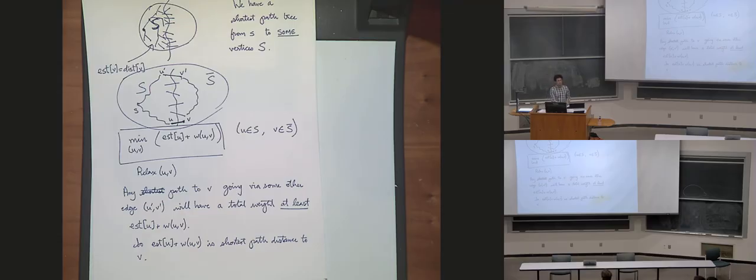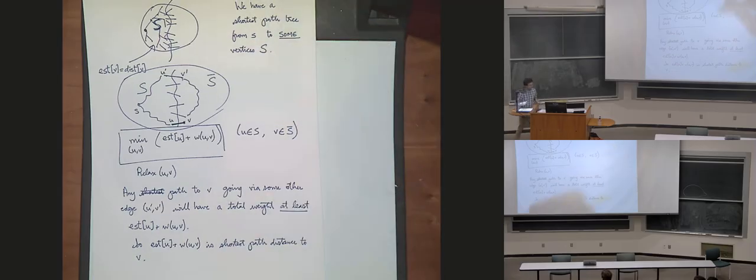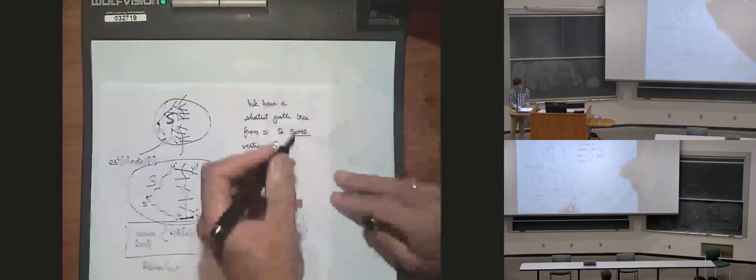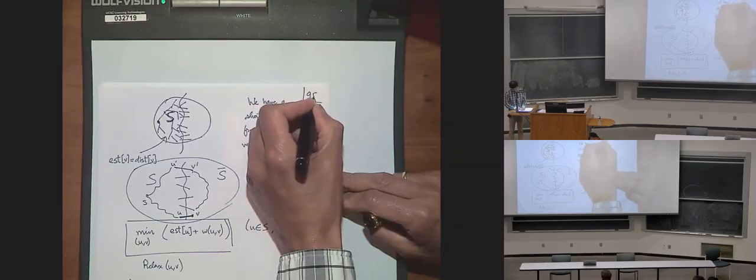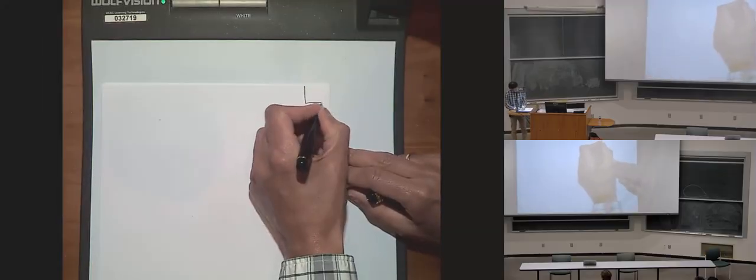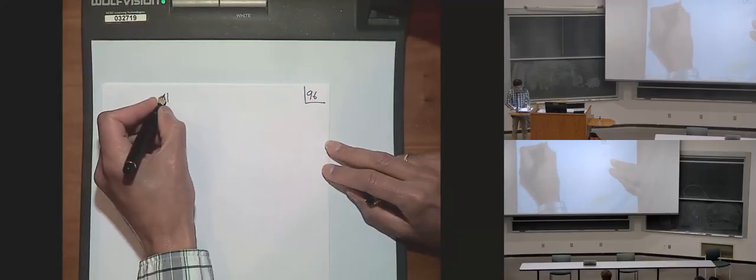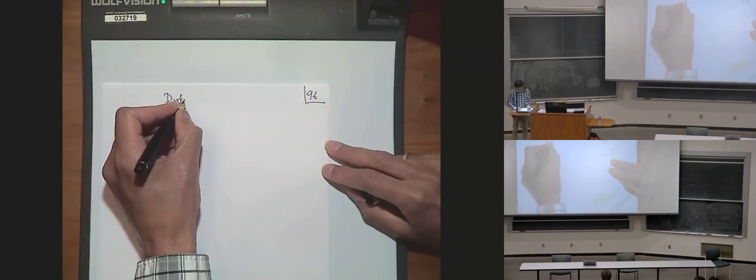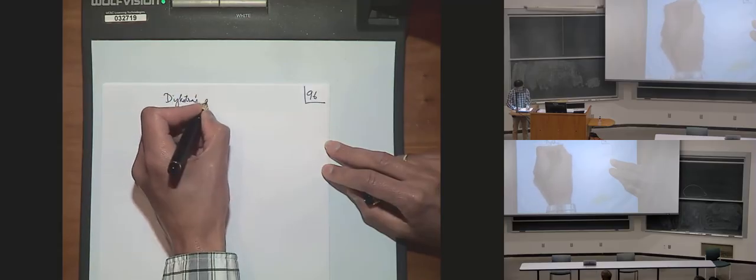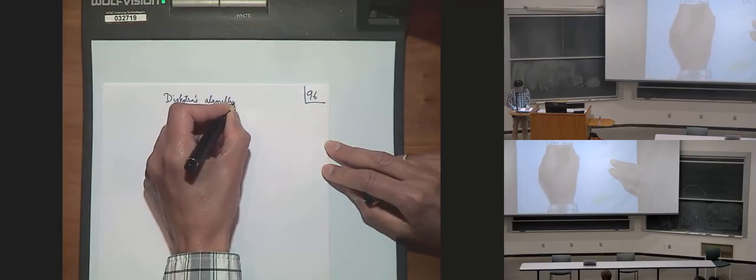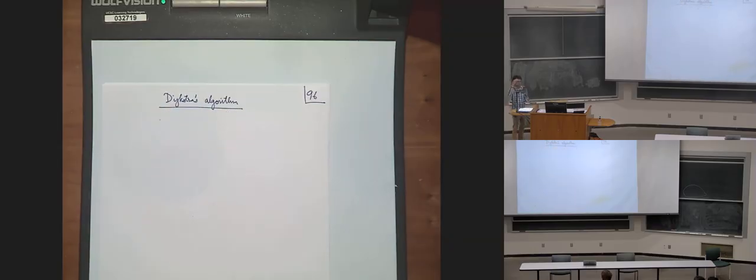Okay? So I'll quickly write down the code for Dijkstra's algorithm, and you'll see that BFS, Prim, and Dijkstra's algorithm are in some sense very similar to each other. It's the same logic, except here you have a priority queue.